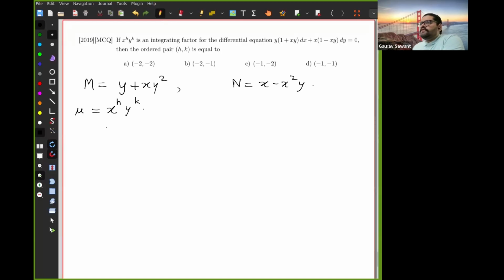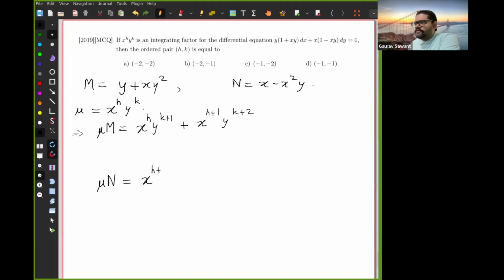So therefore mu M is x power h y power k plus 1 plus x power h plus 1 y power k plus 2, and mu N is equal to x power h plus 1 y power k minus x power h plus 2 y power k plus 1.